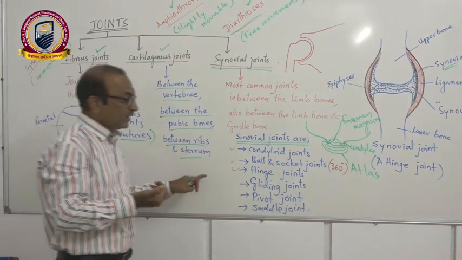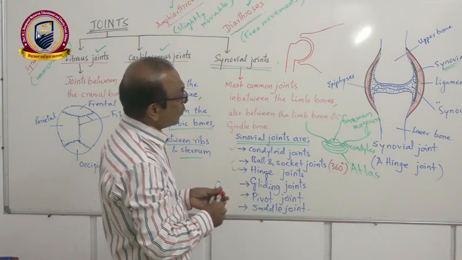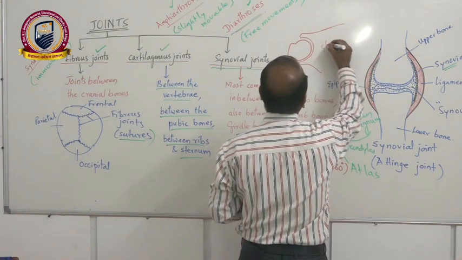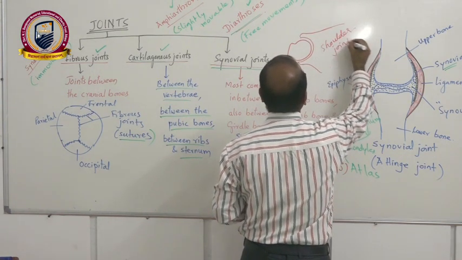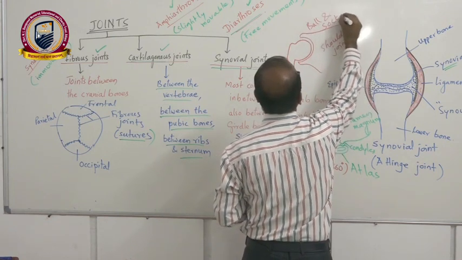Therefore they are called hinge joints. Elbow joint, for example. This ball and socket joint, the main example is the shoulder joint.